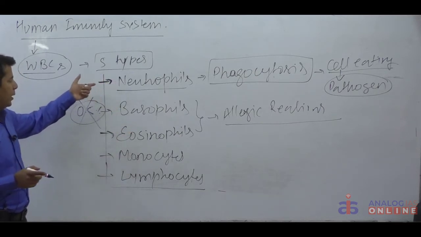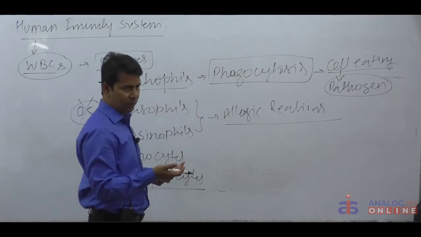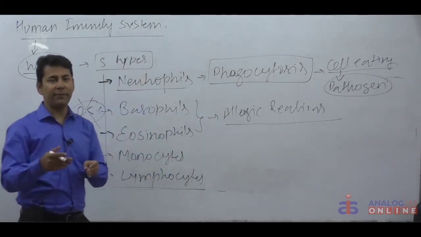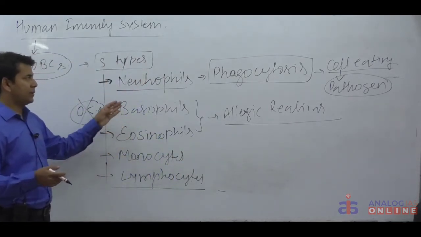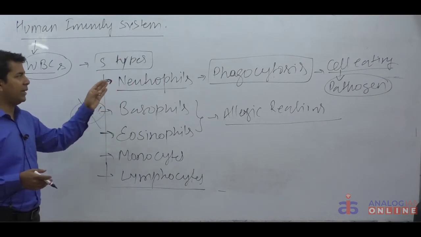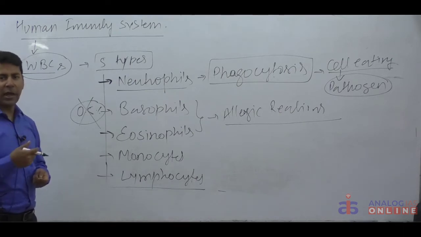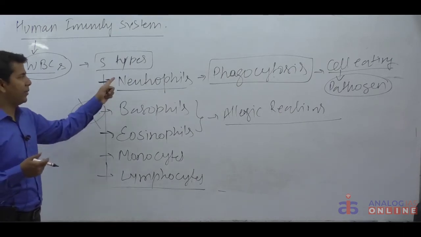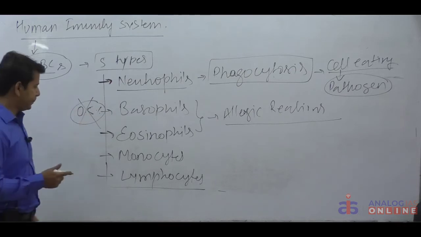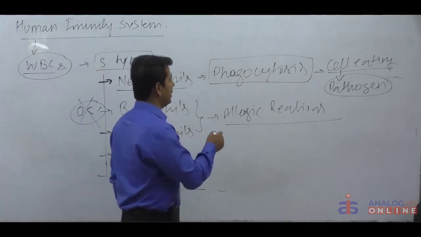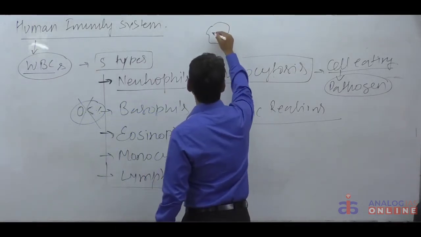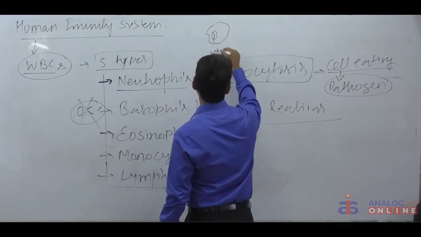Neutrophil, the most prominent cells, the most numerous cells that we have in the WBC category. These are involved with phagocytosis, cell eating. They eat pathogen directly, right? Every time they are working, every time we are getting some pathogen in our body, this neutrophil comes up and they eat that, right? And when they eat, what do they do? The lysosome, you know that?